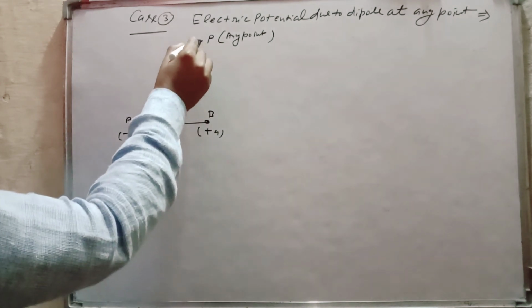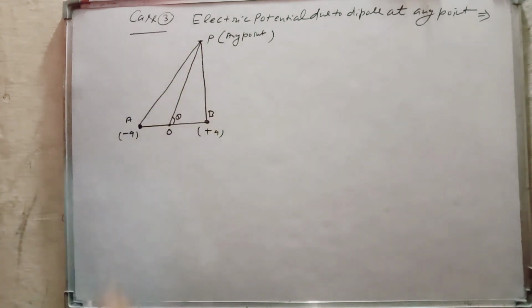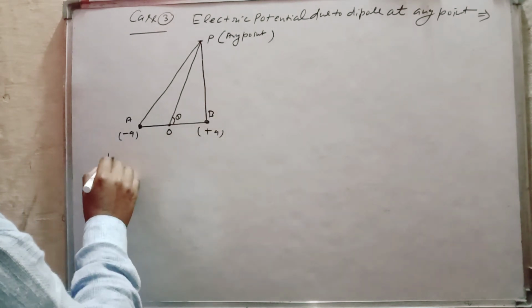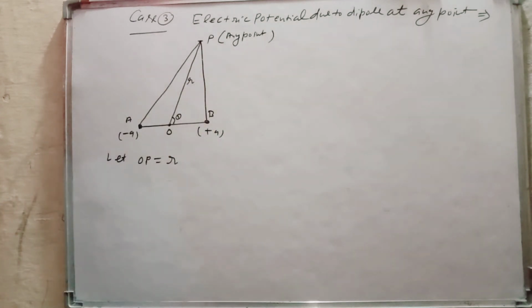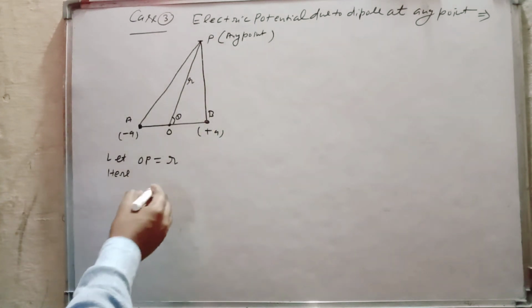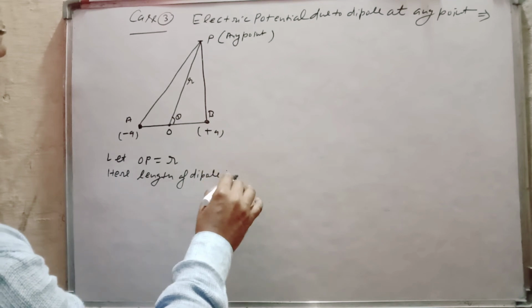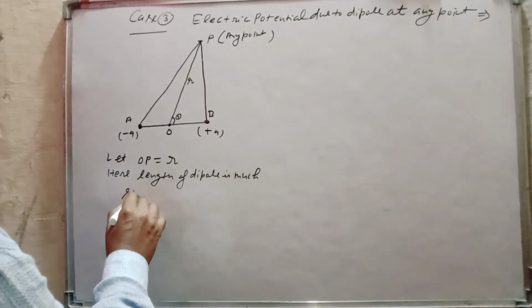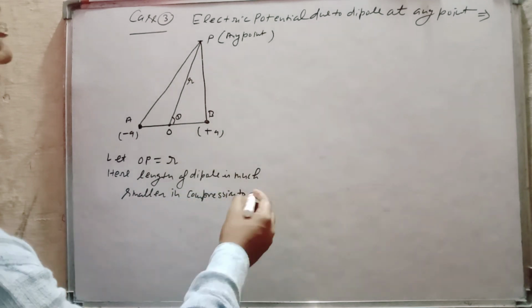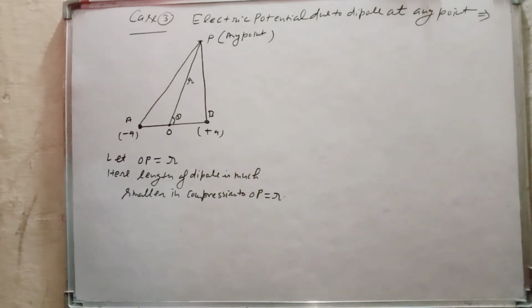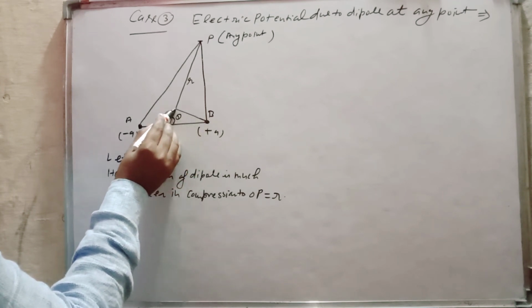Now we join AP and BP. Let OP be equal to R. That means this one is R. Here the length of the dipole is much smaller in comparison to OP equal to R. Now we draw a perpendicular from B to OP.